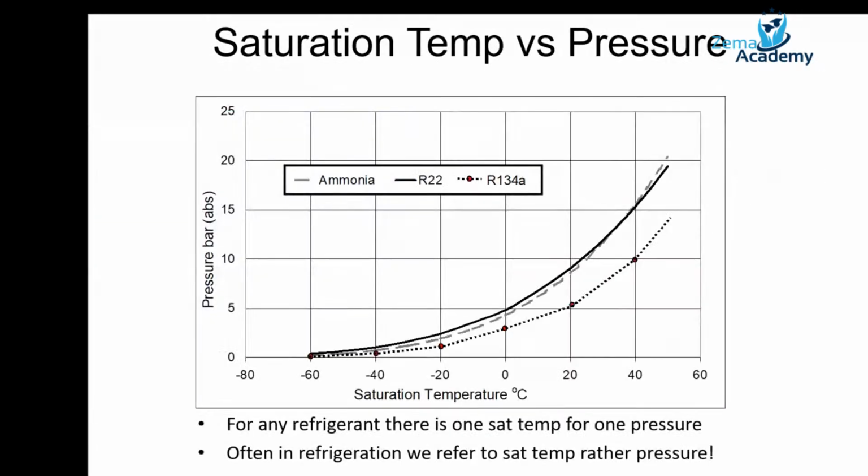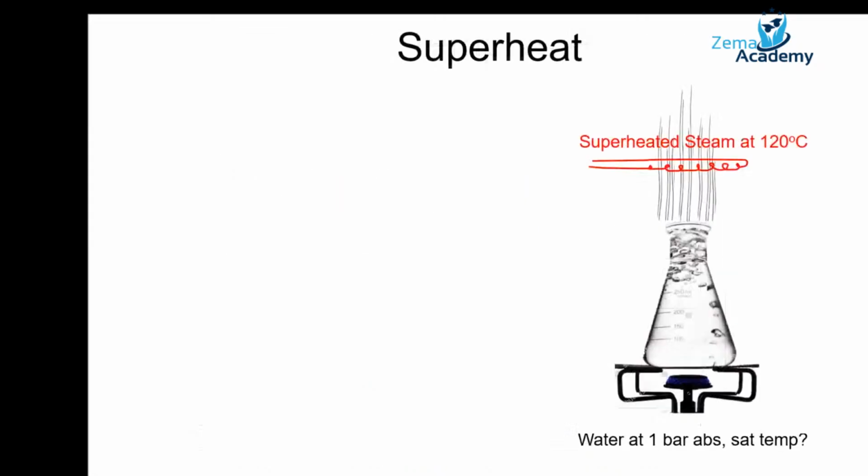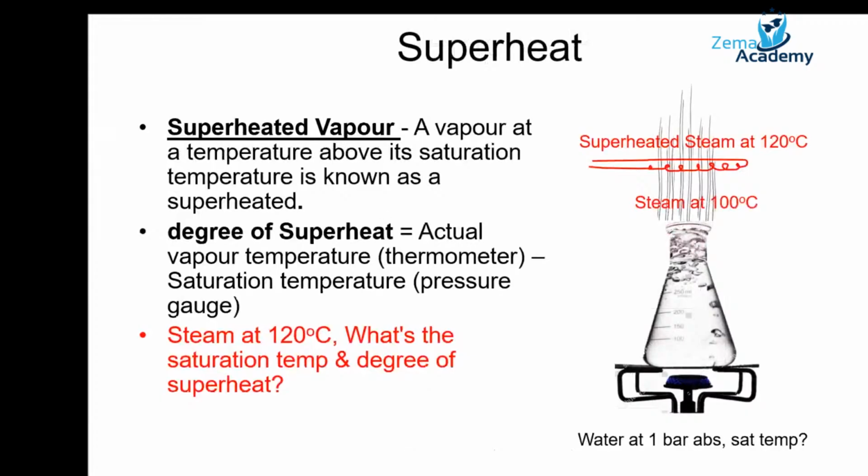This is another graph which shows the saturation temperature and the pressure for different refrigerants. Any refrigerant would have a saturation temperature, and the pressure also relates to that specific saturation temperature. Other terms that we will come across is superheated vapor, which refers to vapor at a temperature above the saturation temperature.